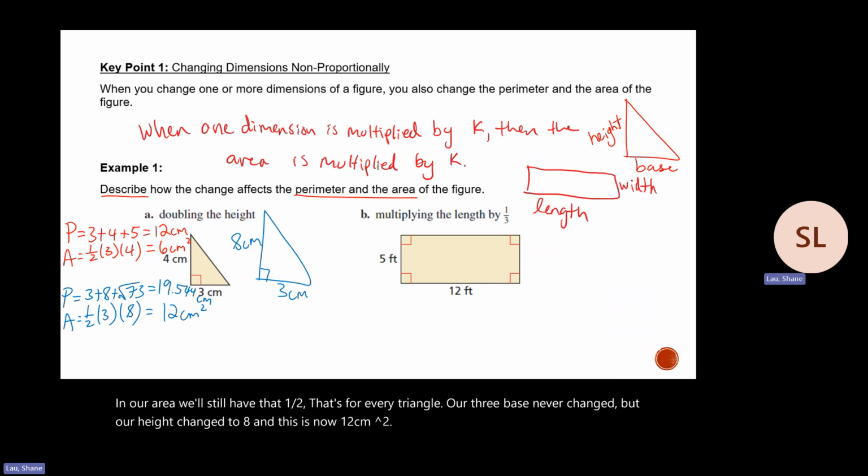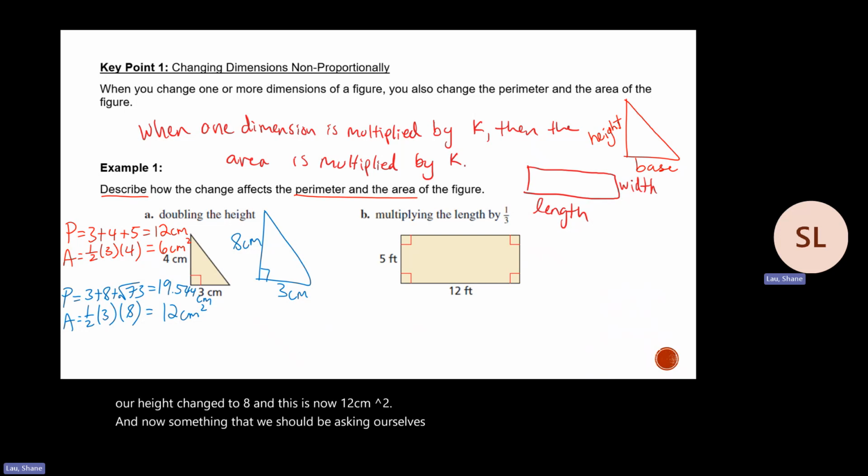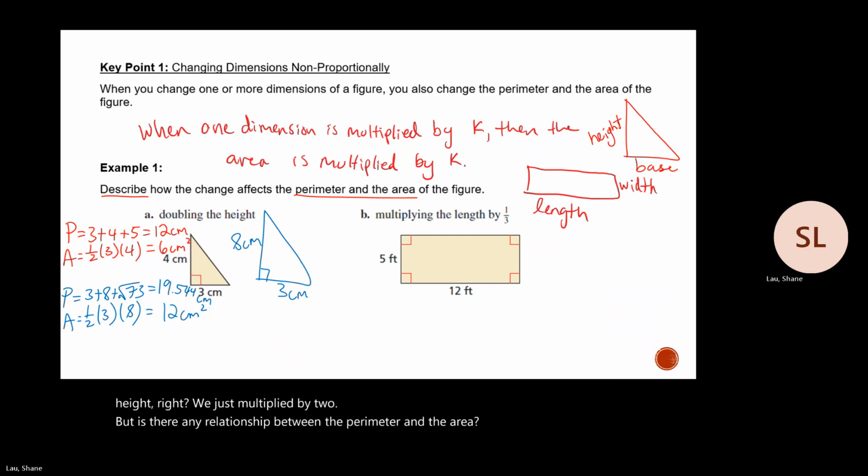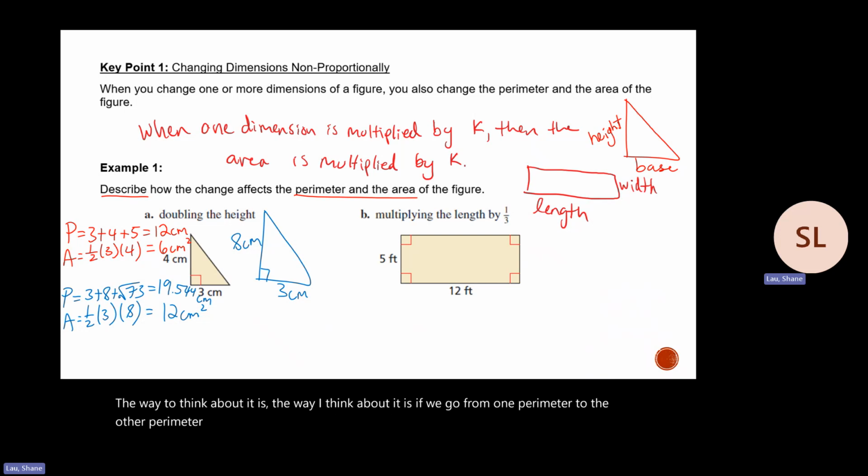And now something that we should be asking ourselves is what happens between the two different changes? We have an original in red, and now we have a different one in blue. So why do we go from red to blue? Of course, we could just say that we doubled the height, we just multiplied by 2. But is there any relationship between the perimeter and the area? Well, the way I think about it is, if we go from one perimeter to the other, we start off with a very nice number, 12, a very respectable number. But then the other perimeter essentially goes on for infinity.